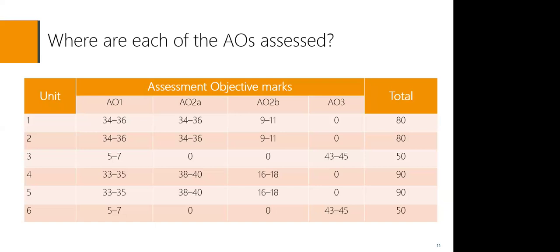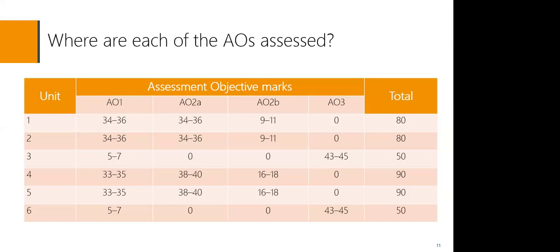The main assessment objectives for Unit 1, 2, 4, and 5 are AO1 and AO2A. These assessment units also have an element of AO2B. AO3 will be exclusively assessed in the Unit 3 and 6 examinations.